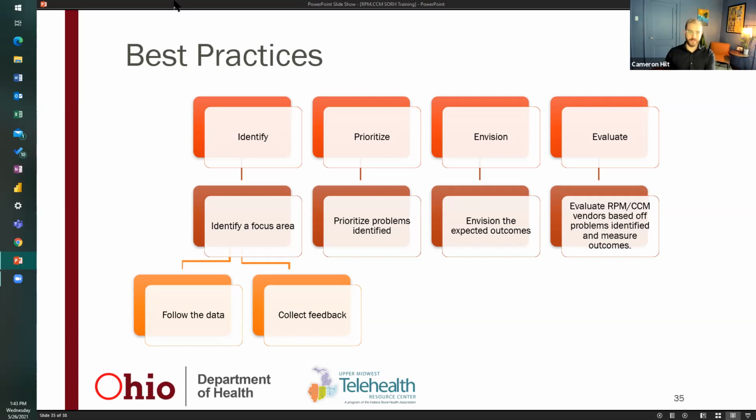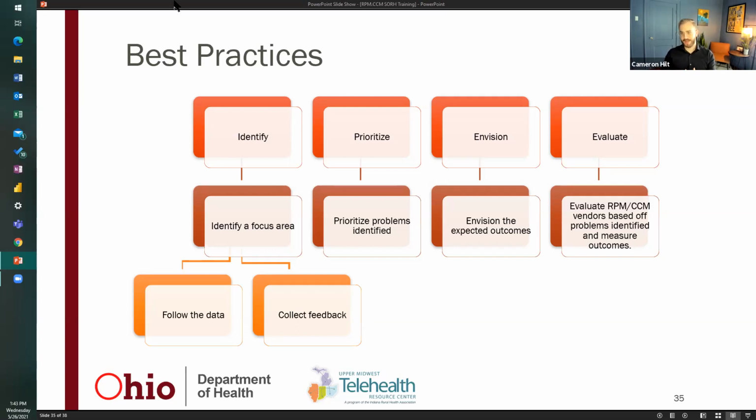What has research ultimately said that these services can provide in this particular focus area, or what are some case studies from others similar to me of what they saw whenever they implemented either one of these services? And then the last piece will ultimately be evaluating.